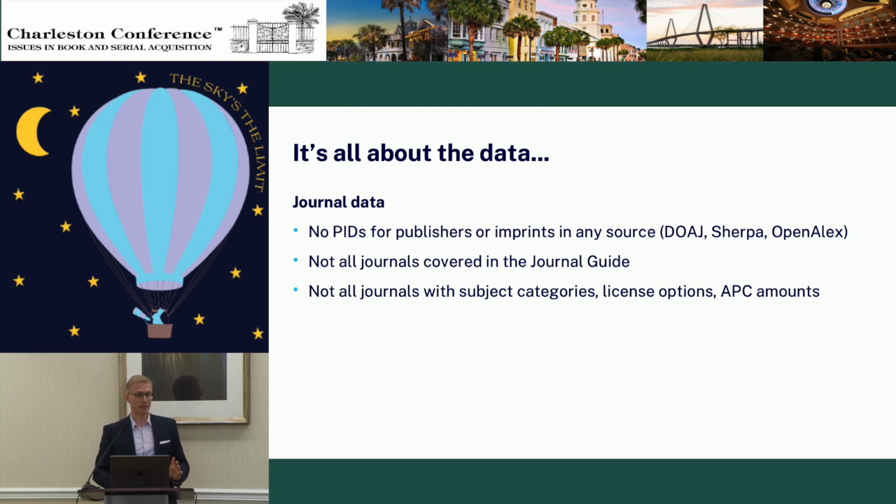So first of all, it's really all about the data, right? So we're overwhelmed very often by all these different challenges. Now we started out, it feels like complete darkness, but there is hope. I'll come to that part. But if we look at the data, well, already with journal data, there are so many different challenges.